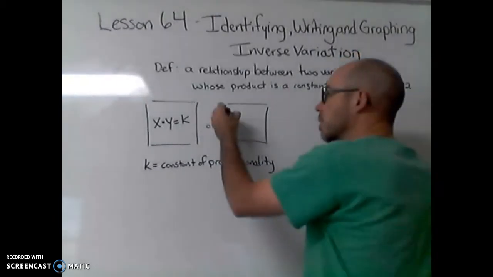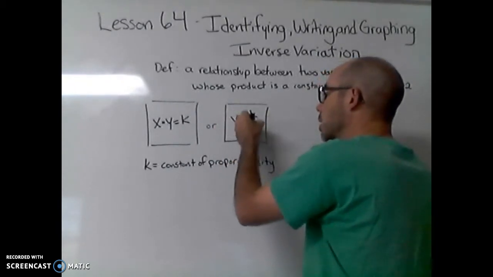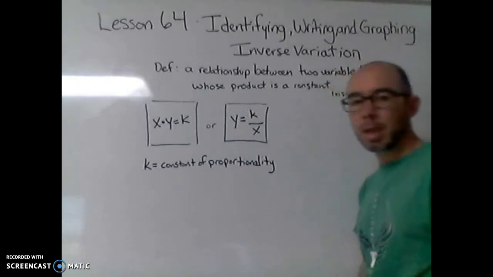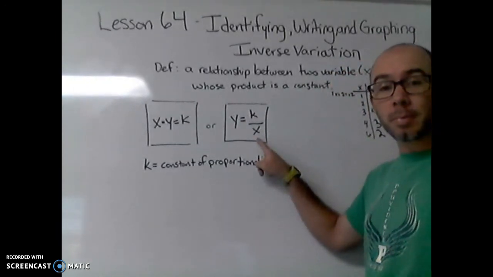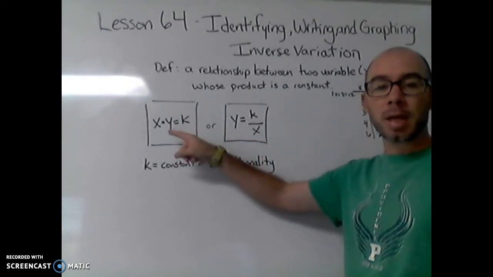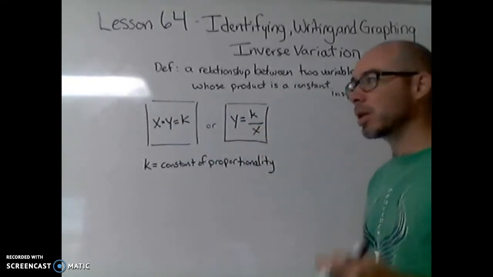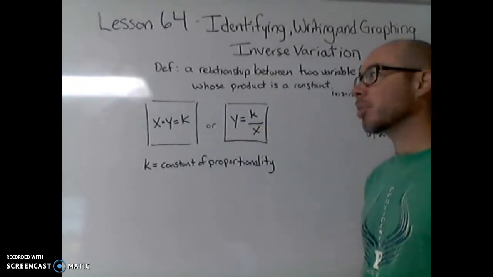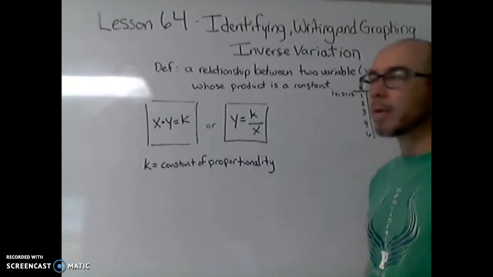Or we could write this like we would graph it: y equals k over x. This is the one that you oftentimes look for. The first definition is a product, x times y equals a constant. But this one right here is usually the way that you will visually see the problem and identify by its shape that you're working with inverse variation.